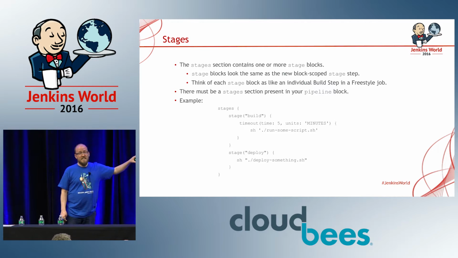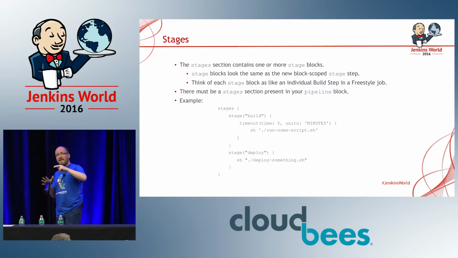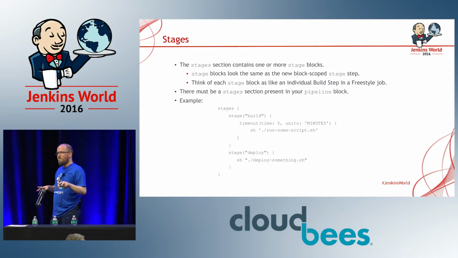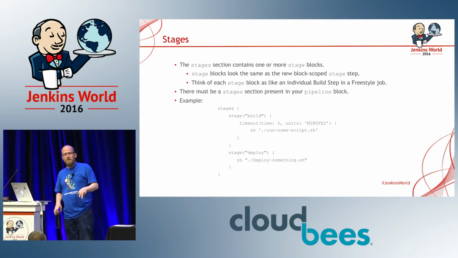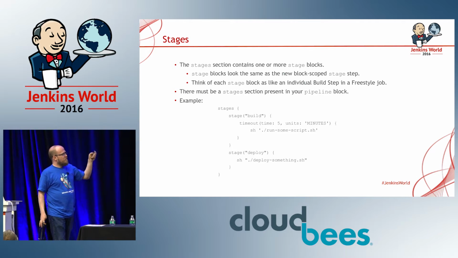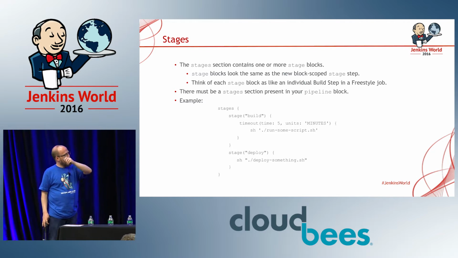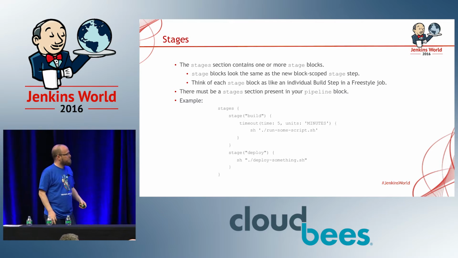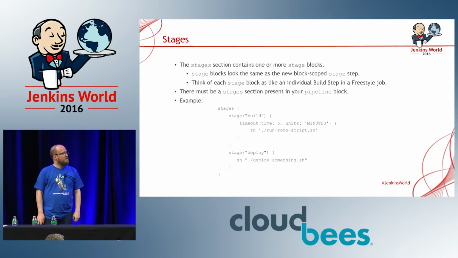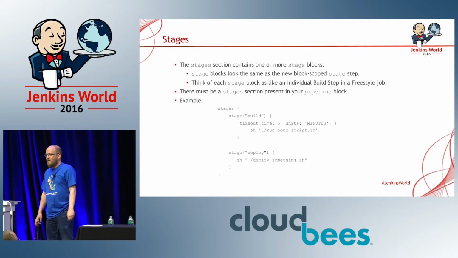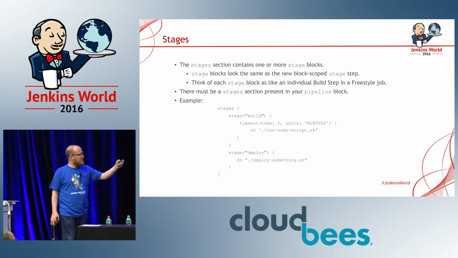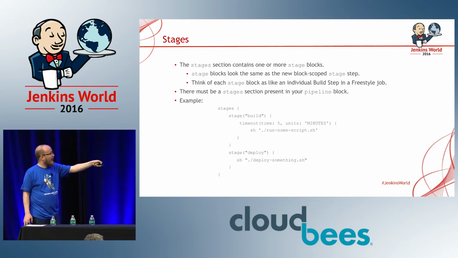There must be a stages section present, because we want to have that list of stages, because there are some ideas we have in the future that take advantage of not just having individual stages scattered throughout. So, an example that you can't see very well, and I apologize, it's an image, so I can't even expand it too much. Where we got stages, there we go.